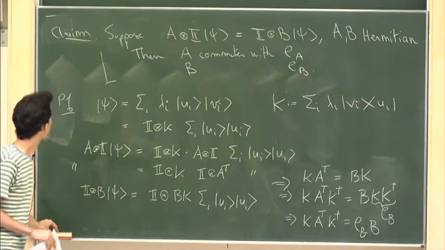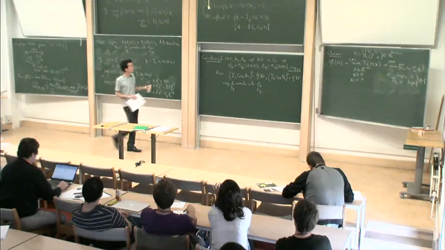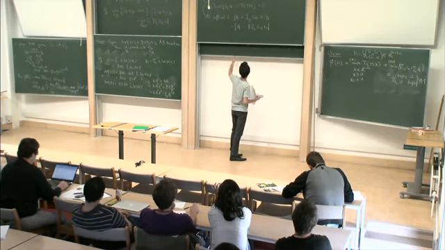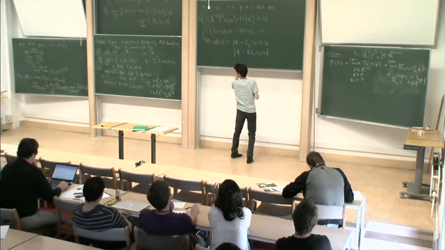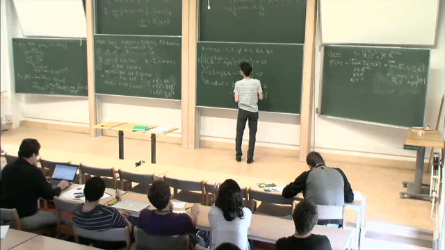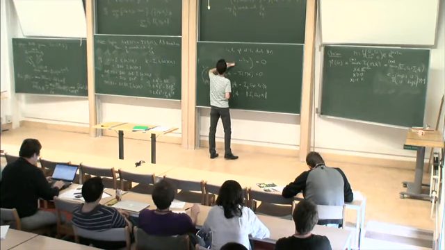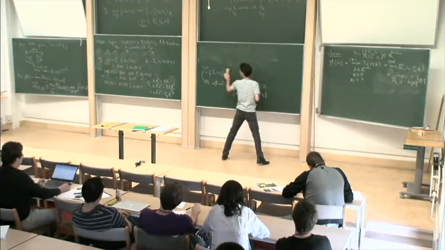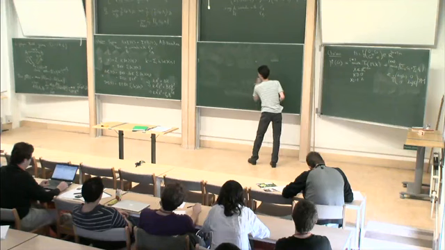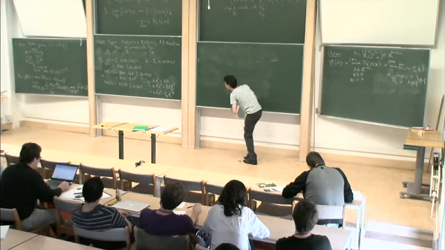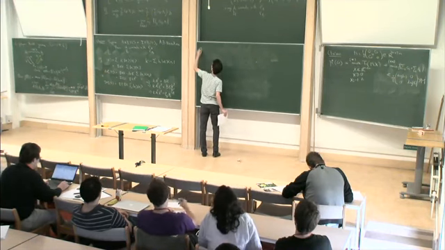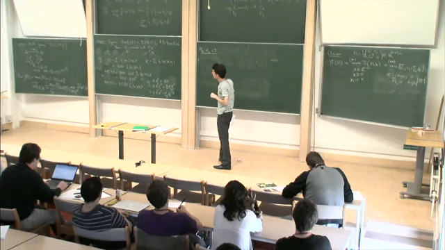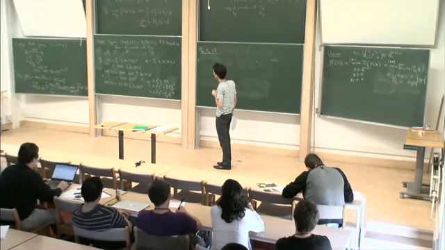Right. So that's the end of the claim. Let's prove the corollary. It's going to be pretty easy once we have the claim and corollary number 1.